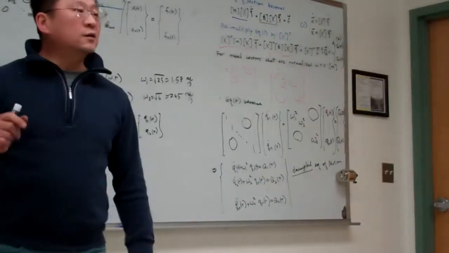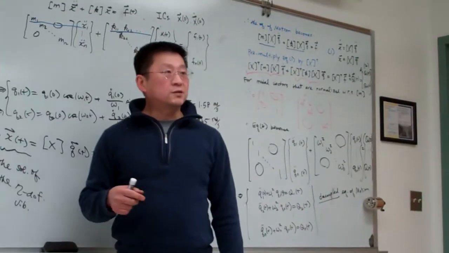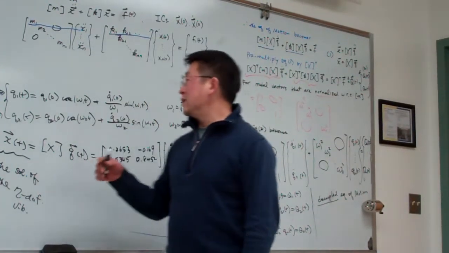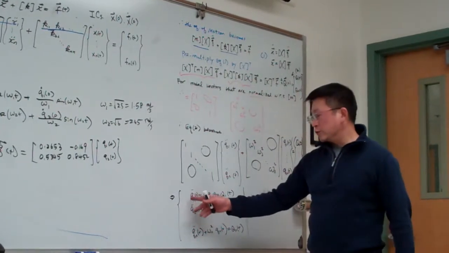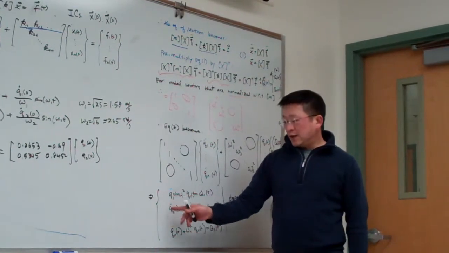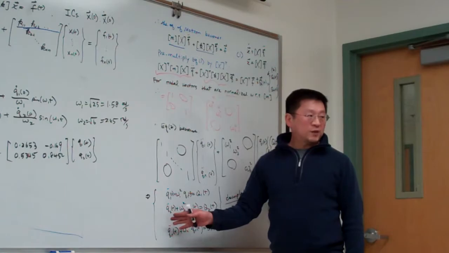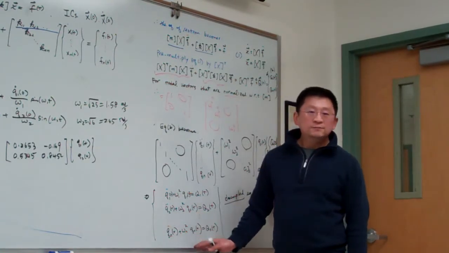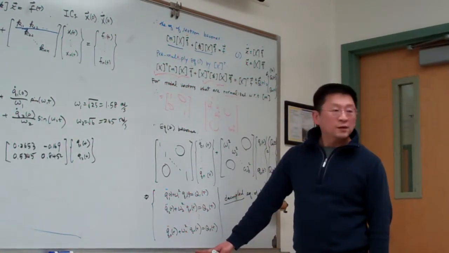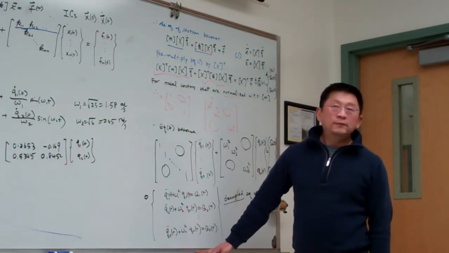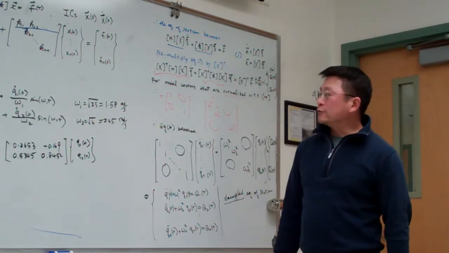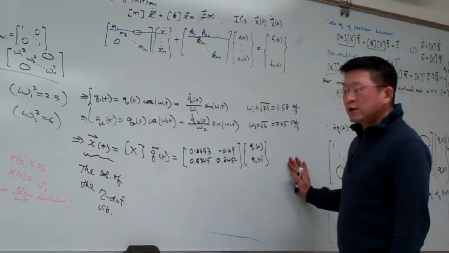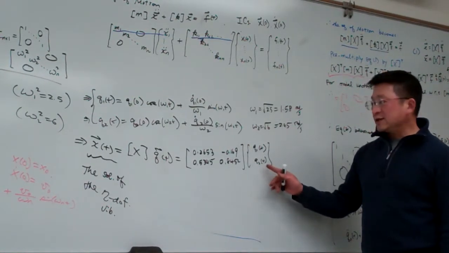Then plugging in and utilizing the orthogonality properties, we are able to decouple into such simple equations. Good. I can tell you right now, we haven't totally solved this yet.